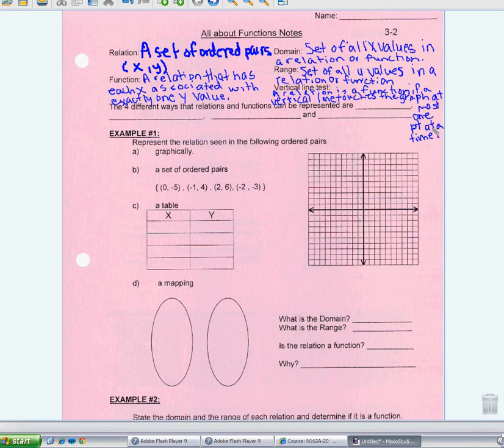So a vertical line test: a relation is a function if a vertical line touches the graph at most one point at a time.